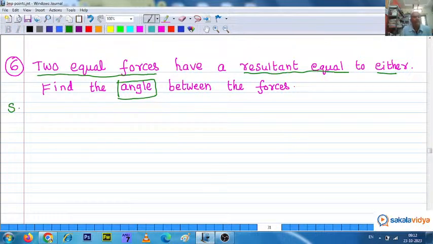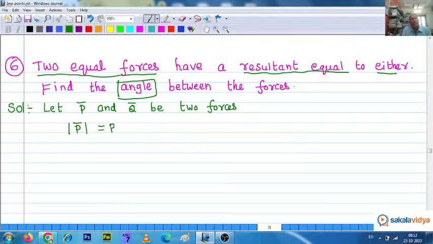Here, let P bar and Q bar be two forces whose magnitudes are equal. So we can say mod P is equal to something, say P. Modulus of Q bar is also P. Now the resultant equal to either, this is a very important step.